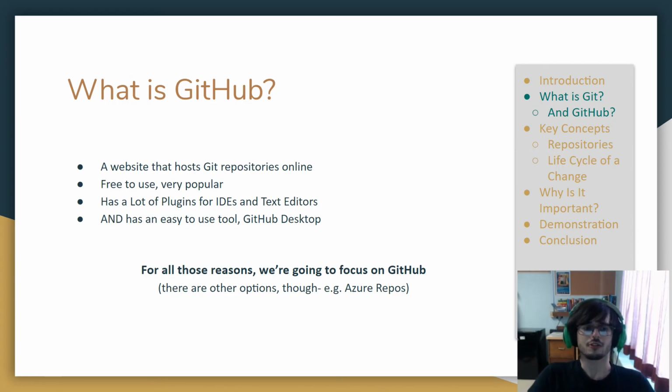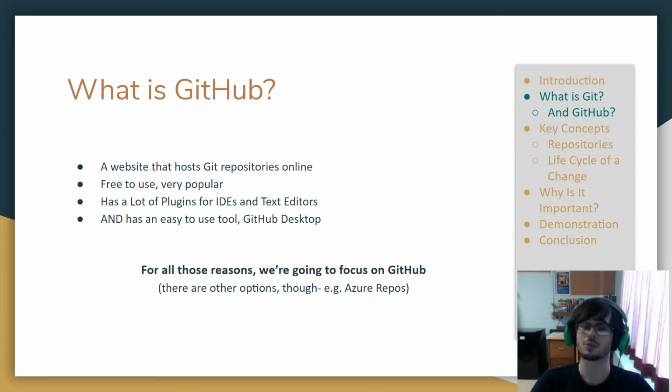It has a lot of plugins for IDEs and text editors. As we talked about at the last slide, if you're using Visual Studio Code or Visual Studio, or I believe Xcode has a plugin as well, NetBeans, all of these have plugins which you can just install, and you'll have a way to manage your Git repository, push, pull, commit, all that stuff right there in the editor.